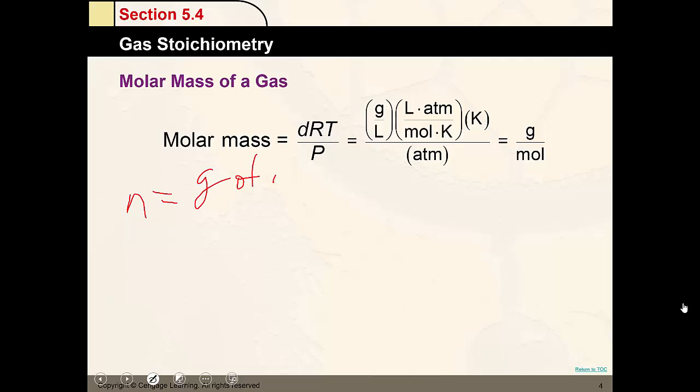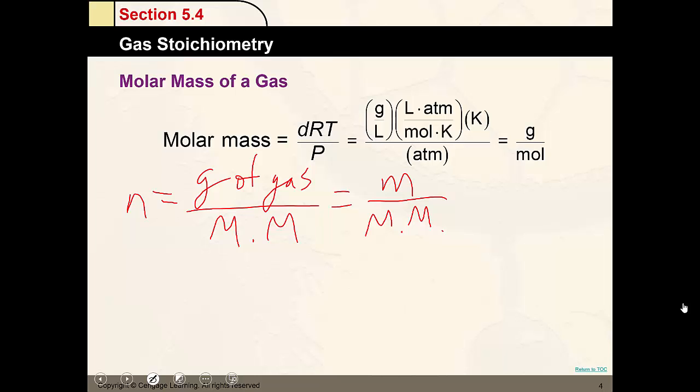So the grams of that gas divided by the molar mass, which we will abbreviate mm. So that's how we get the moles of a substance. So we get mass over the molar mass of that particular gas.